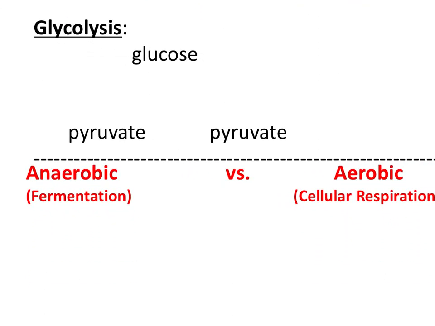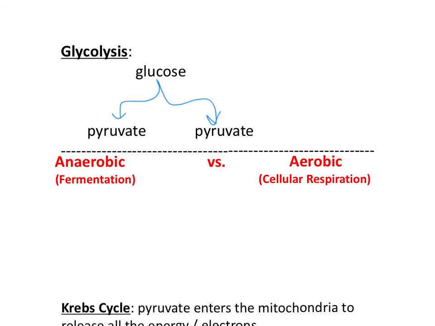So during glycolysis, as we just said, we are breaking down glucose to make 2 pyruvates. At that point, the cell will either undergo anaerobic or aerobic respiration. Anaerobic respiration will occur if there is no oxygen available or if there's no mitochondria.